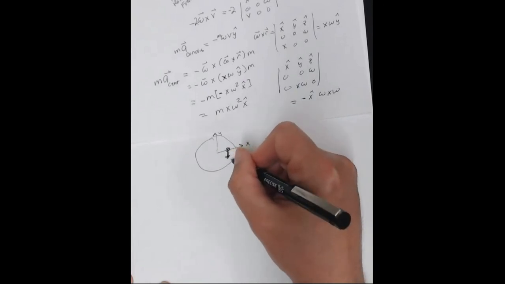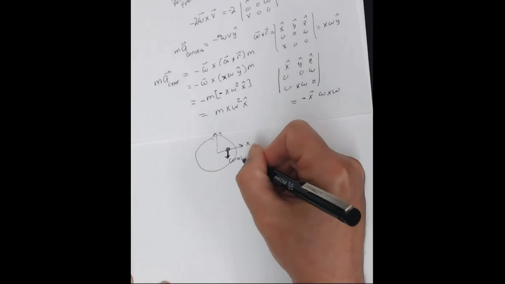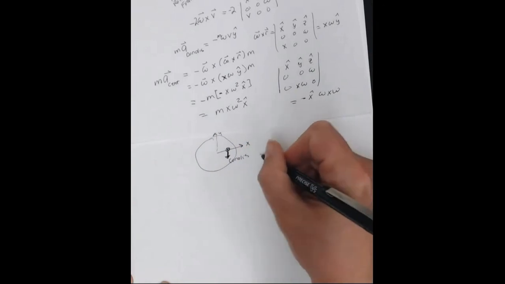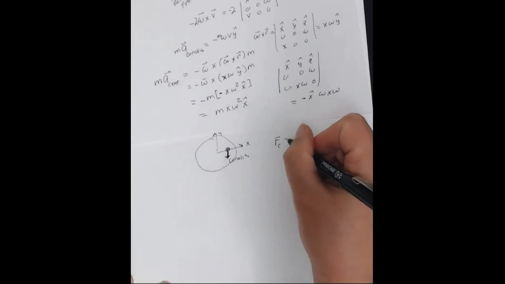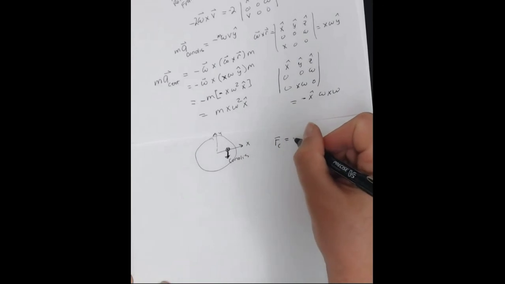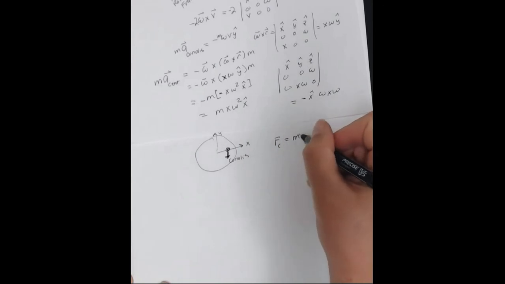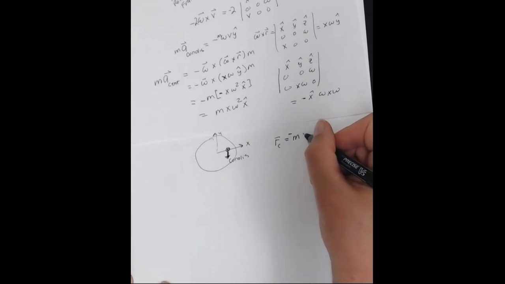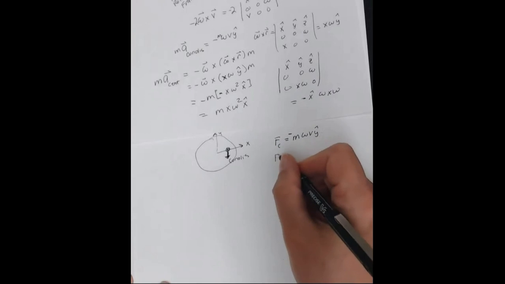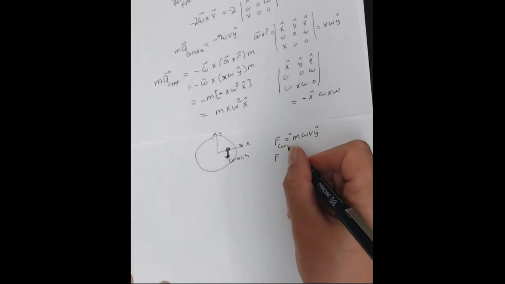That's the Coriolis, and that force would be m times negative omega v y hat.